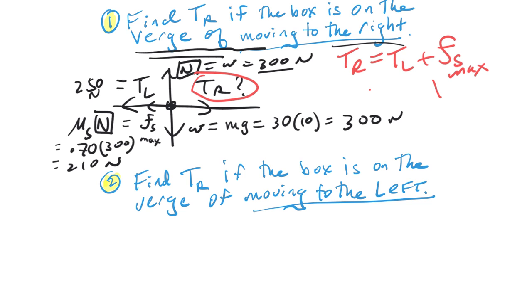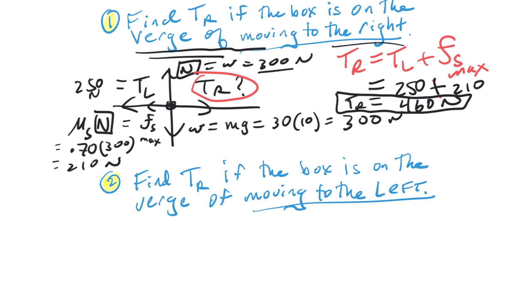So that would equal 250 plus 210. So my final answer would be 460 newtons is what the tension in the right rope would be.